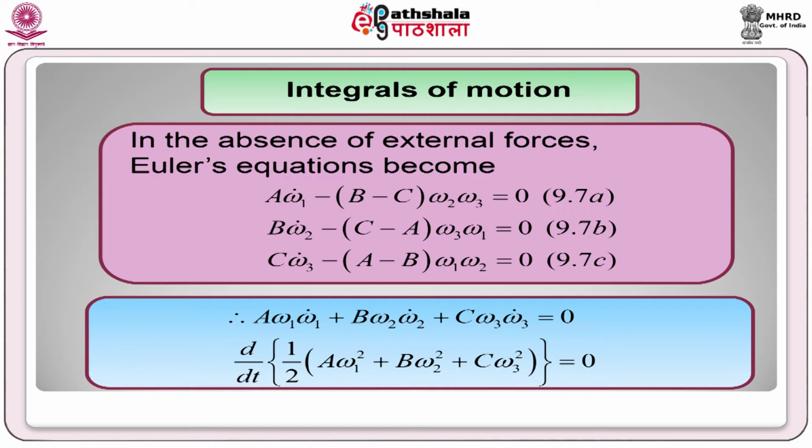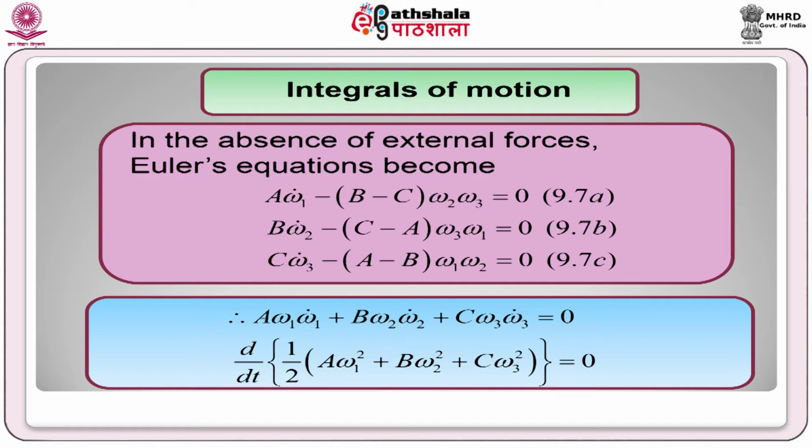If we add these after multiplication, then these terms will cancel out each other and we get capital A into omega 1 dot plus capital B into omega 2 dot plus capital C into omega 3 dot equal to 0. This has been written here.